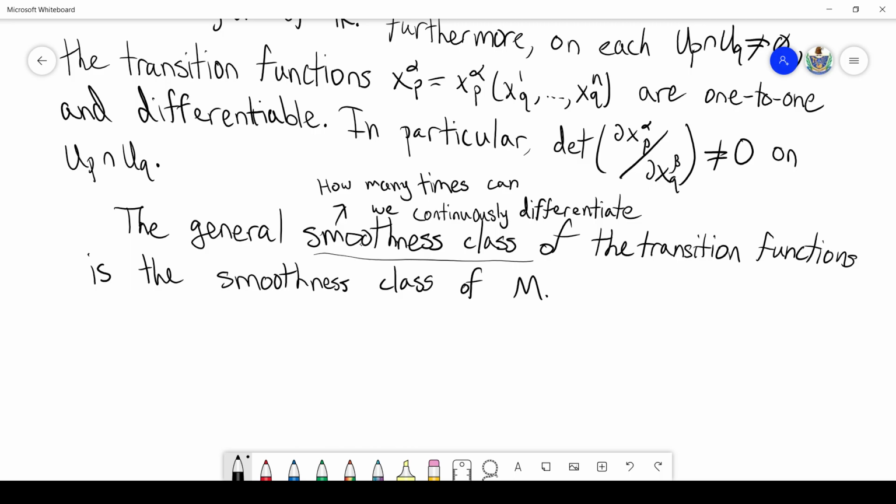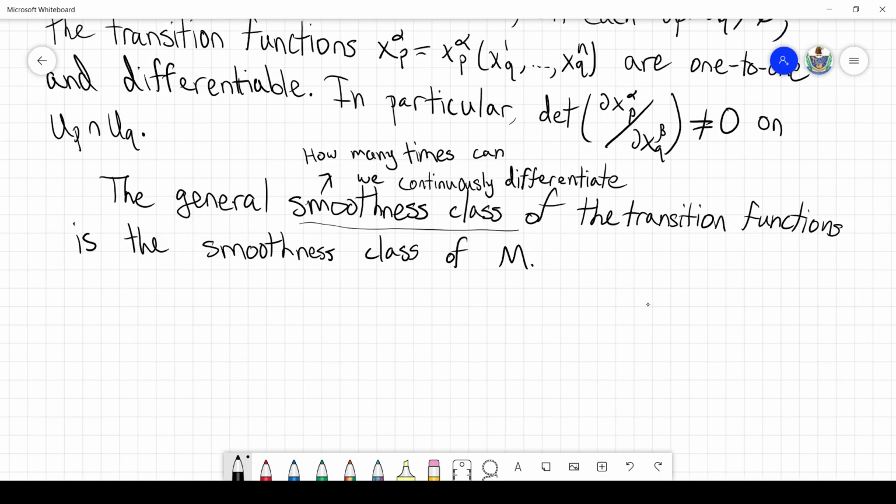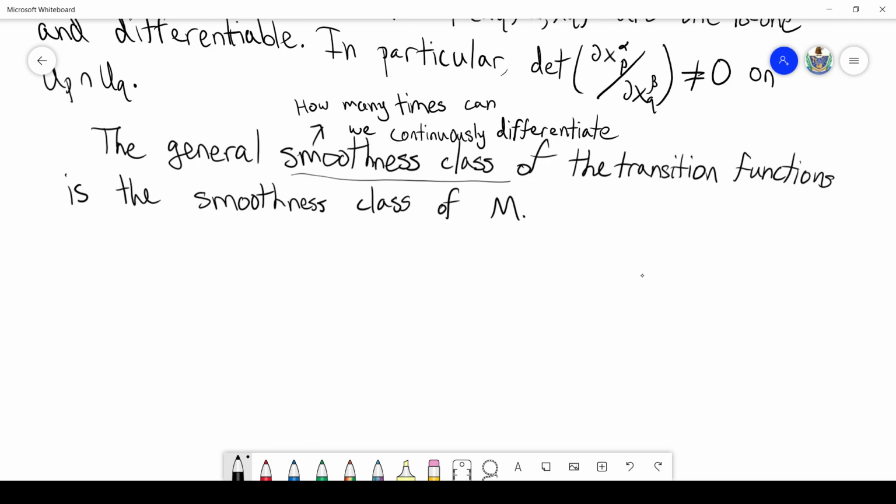And a lot of the basic examples are going to be smooth, where a smooth function is one where we can take derivatives as much as we want.